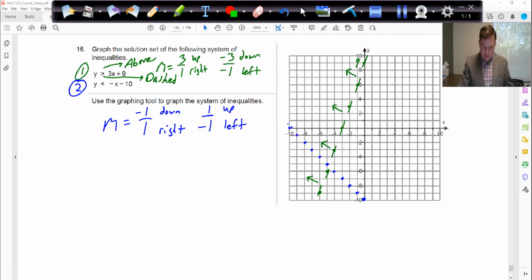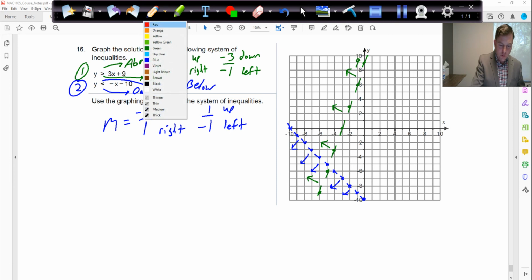Okay, and then this is also dashed. And now this one wants us to shade below, because of the less than. So below this would point down.